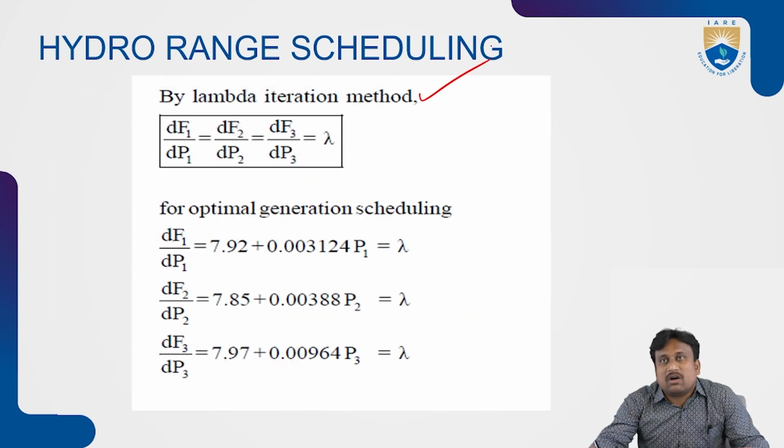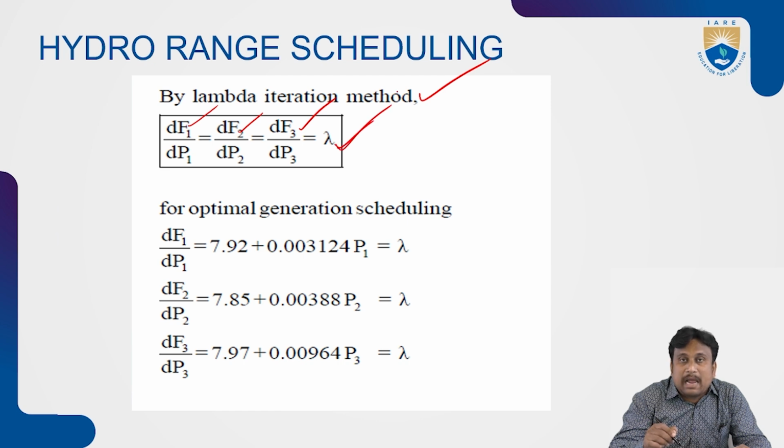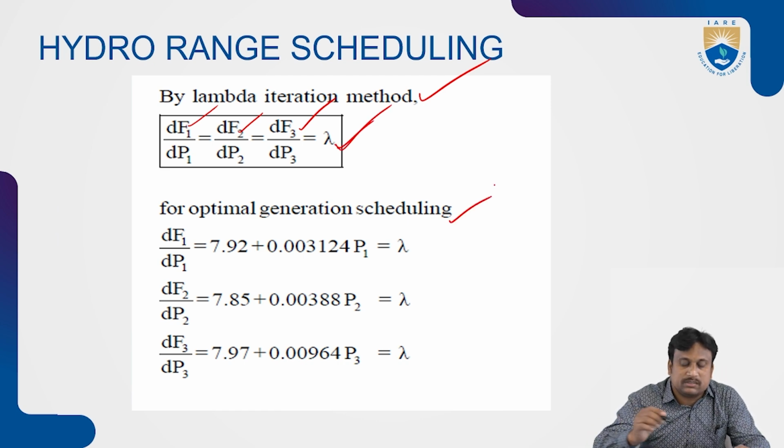So while solving this problem, we need to go for the lambda iteration method, that is dF1 by dP1 equals dF2 by dP2 equals dF3 by dP3, which is equivalent to lambda. For optimal generation scheduling, dF1 by dP1 equals 7.92 plus 0.003124 P1, which equals lambda.